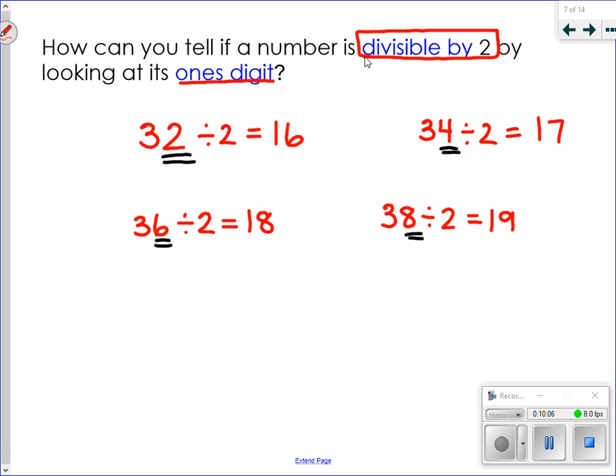Let's try the next one. 40. Is it divisible by 2? Can I divide 40 into 2 equal groups? How many would be in each group? 20. Right. Look at its ones digit. Are you starting to see a pattern for when numbers can be divided by 2?